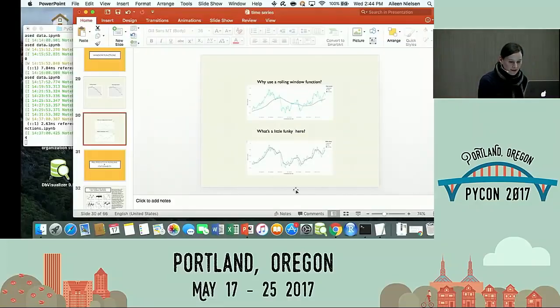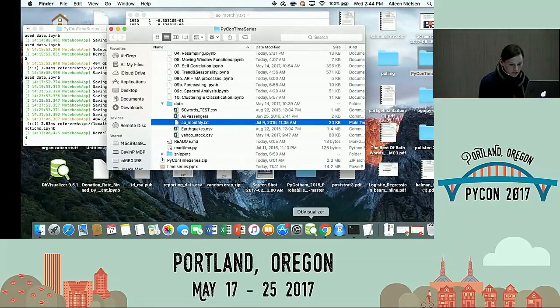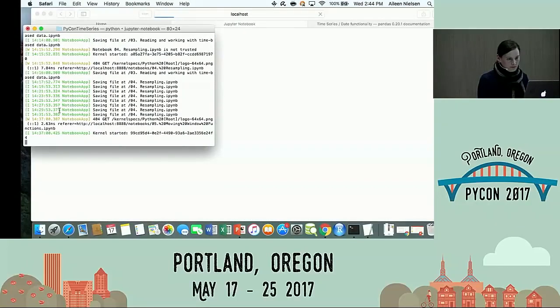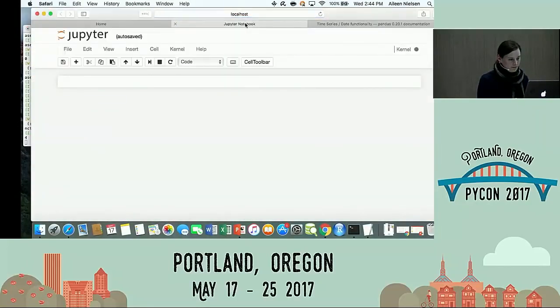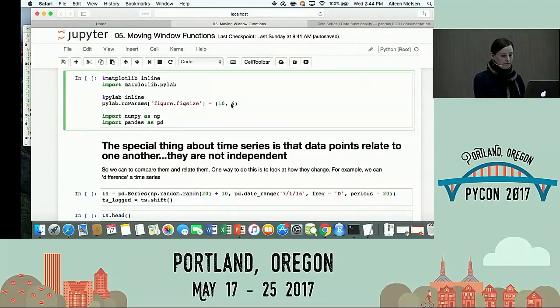So with that rolling window stuff, let's go ahead and look at our notebook and see how we can do it. Where's my notebook? Okay, so we are looking at our moving window functions.